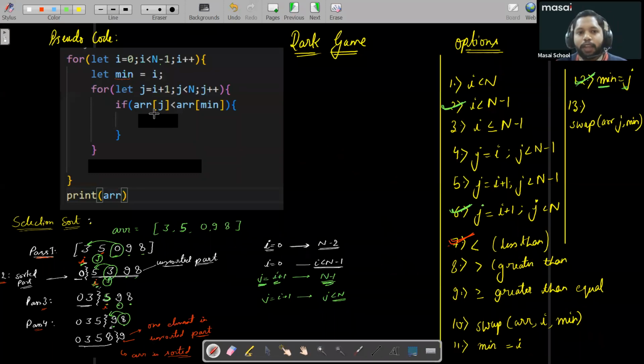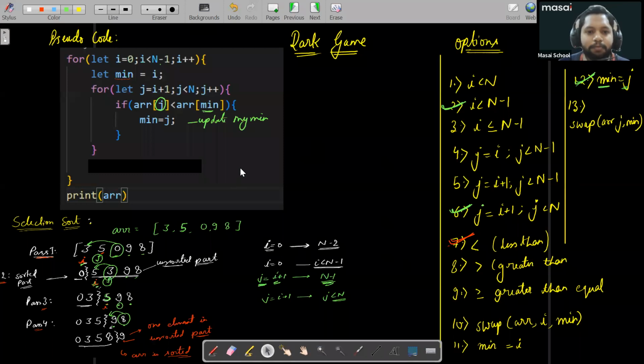So if I found my j is less than minimum, what I need to do? Update my minimum. Here I am simply updating my minimum. Yes, your answer is correct. Thank you, Mayank. You can mute yourself.